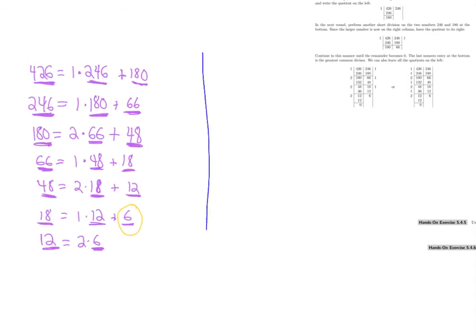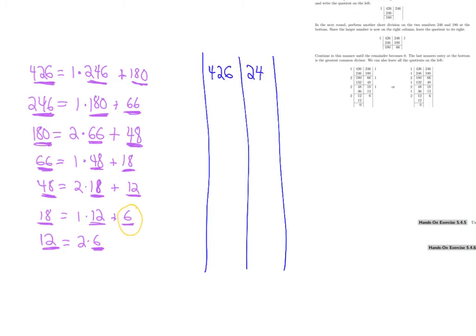So let's make our two columns. We start with 426 and 246. When we do this division, we have a quotient of 1, so this is the quotient column. We do 1 times 246, put it here. So that's 246. We subtract, and we get 180.